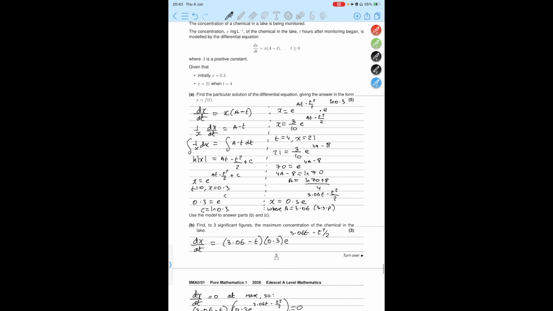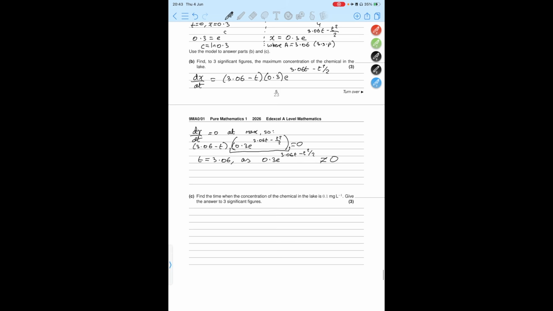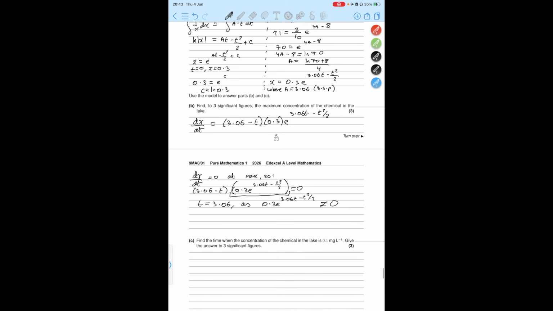What is our value of x? We substitute this value into our equation. So x equals 0.3 e to the 3.06 squared minus 3.06 squared over 2, and I'm going to use that stored answer.